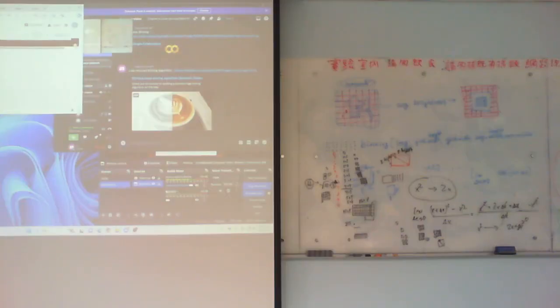Out is image 2, the out 2. So here we can just test, right?